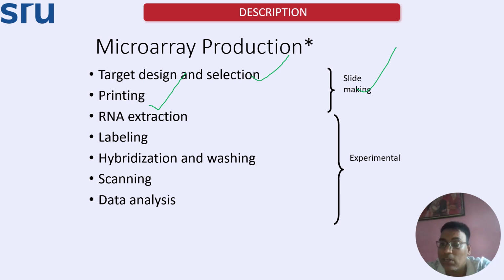The one that I've printed on the slide is termed the probe. Then I extract the RNA and do the labeling, using Cy3 or Cy5. Cy3 green for the normal cell, Cy5 red for the different conditions, a mutant or infected cell, like that. Once everything is done, samples are ready, probe is ready, I allow them to hybridize.